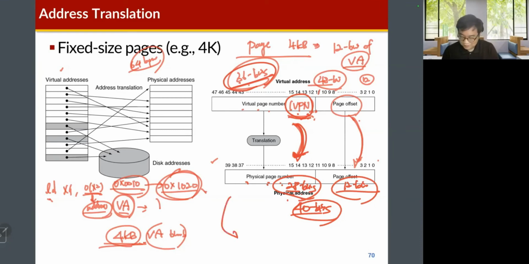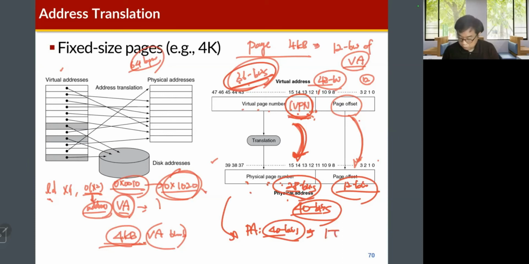Then what is the real size? What is the size of the physical memory in this case? The physical address has 40 bits, right? Then what is the size of the physical memory? It's 40 bits.